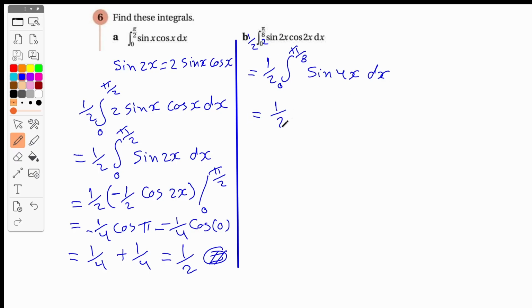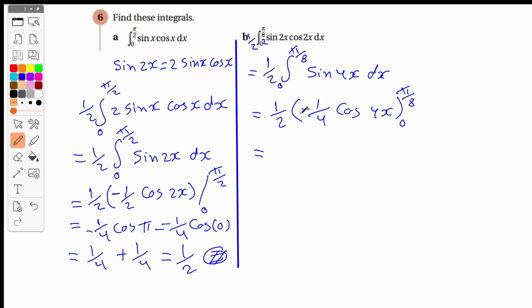So keep half as it is outside. And the integral of sine is negative cosine, and you should divide by a, which is 4 here. So negative quarter cosine 4x. And you should write the limits here, 0 to pi over 8.